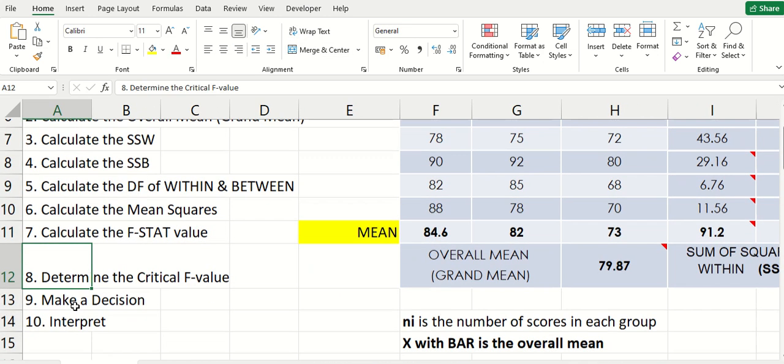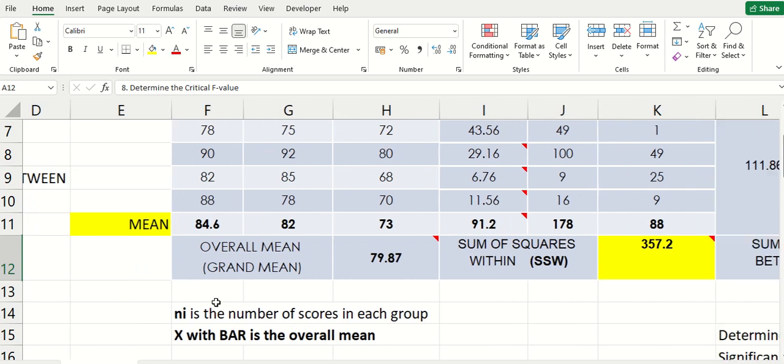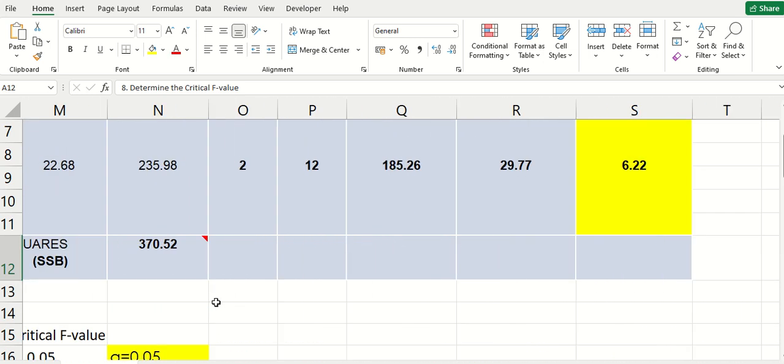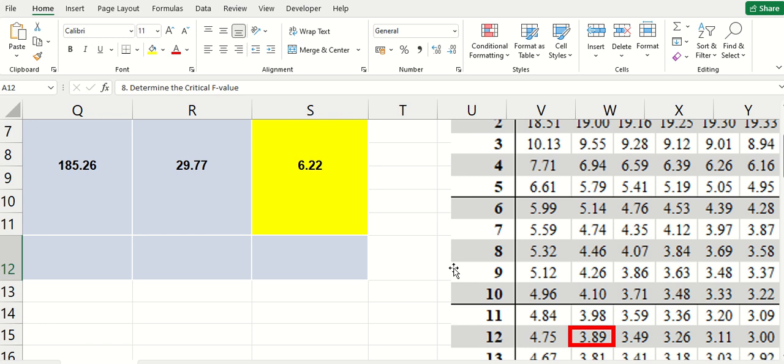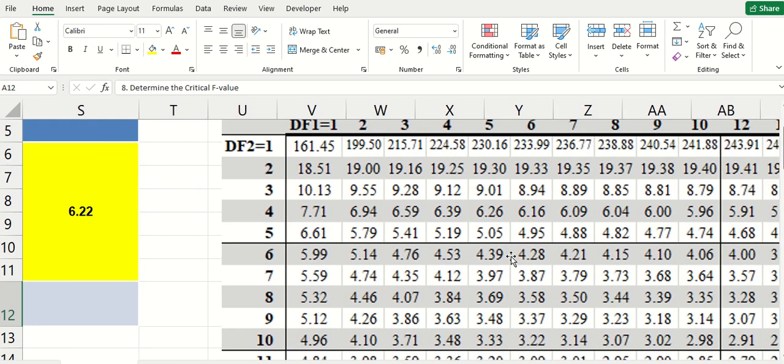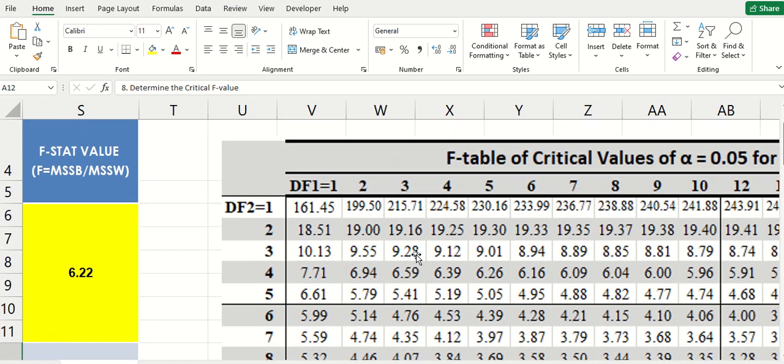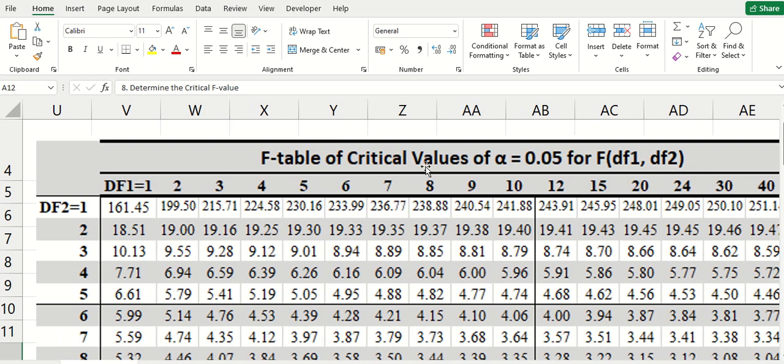It's time to find the critical value. In finding the critical value, it's actually given in the table. But first, there should be the alpha value, that is 0.05. It differs depending on the need of your advisor. For the meantime, we need the 0.05.